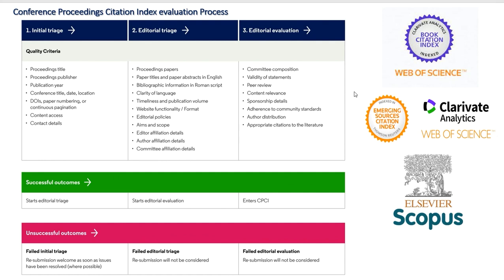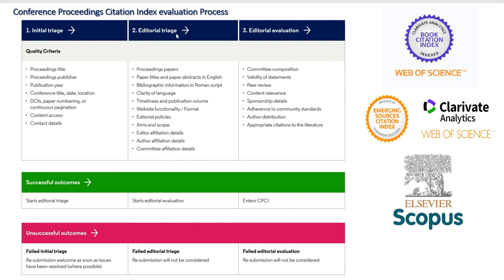After that, finally it becomes successful. After completion of 3 stages, it finally comes under successful outcomes. Then the editorial stage starts, then editorial evaluation, then finally it enters the index, then comes the outcome like online publication.